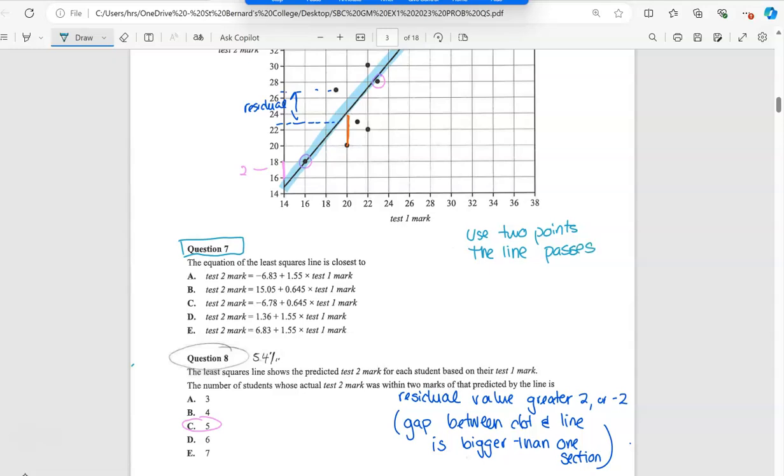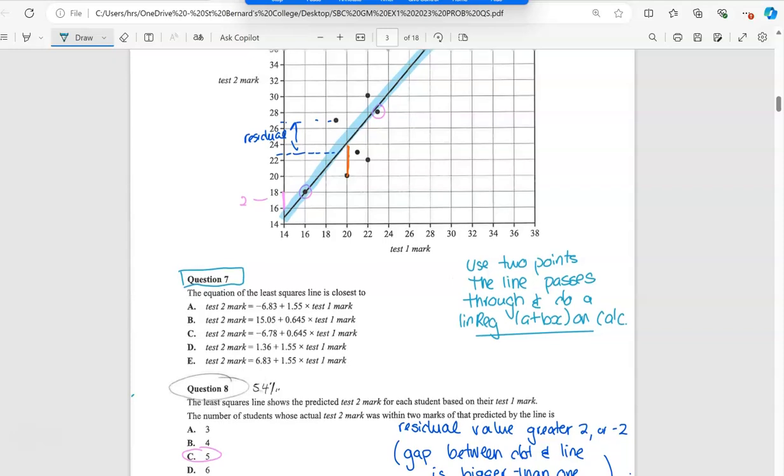You just create a mini list in your calculator and do a lin reg, the A plus BX on calc. When you find 2 points, you want points that you can read off easily.